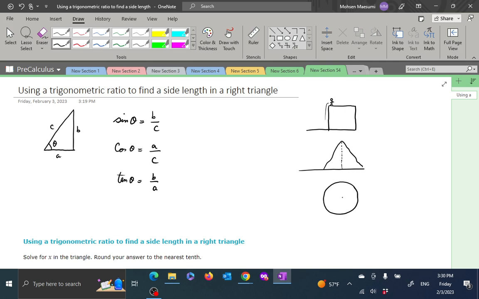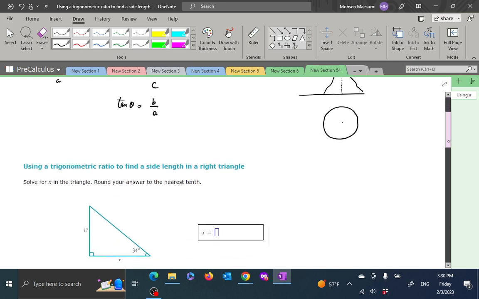This is the beginning of what they call solving a right triangle. Each triangle has three sides and three angles, so we are working toward the objective: if they give me some of these six quantities and ask for the rest, how would I do that? That's the general plan.